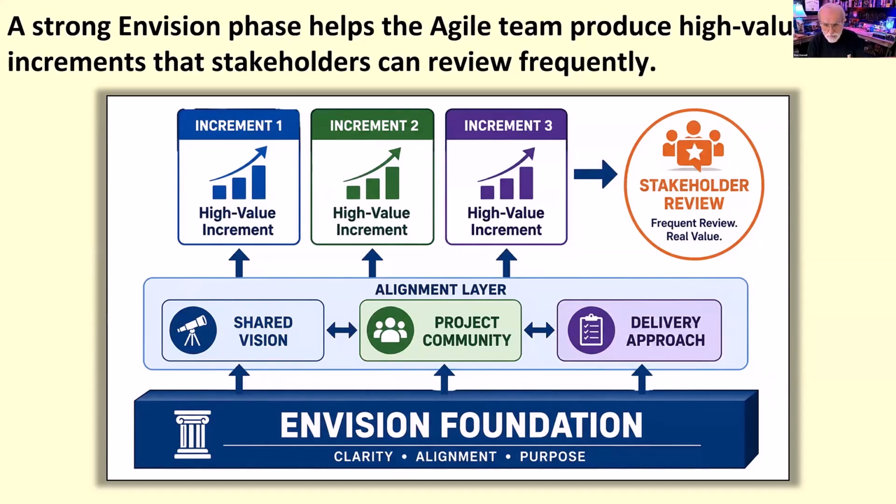So we may fail to produce something that's of value for the stakeholders. And so envisioning helps the team understand what value means, who will judge that value, and how the team will work together to deliver it. And so this supports the model's emphasis on iterative delivery, customer feedback, and learning and adaptation.